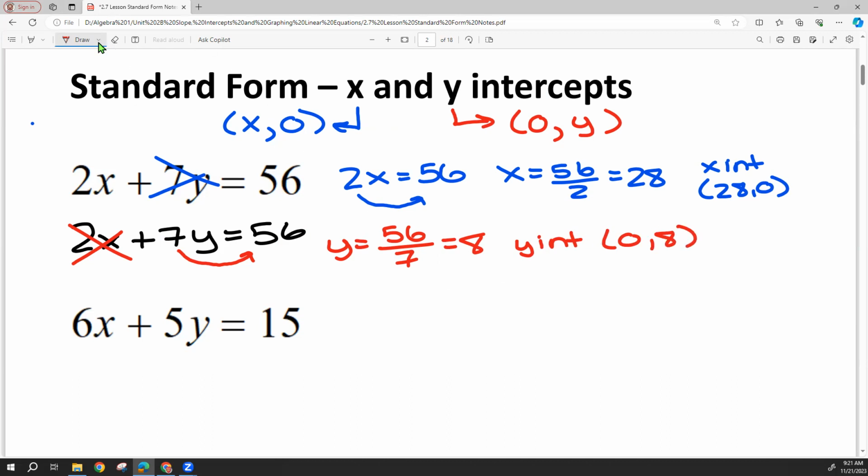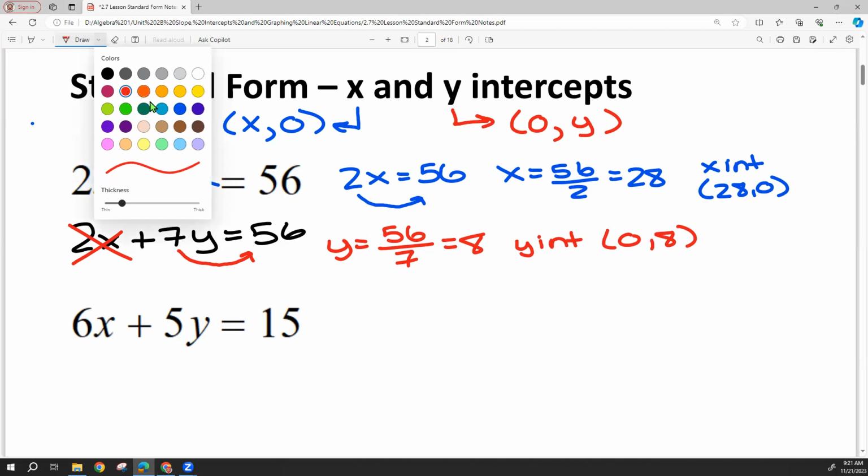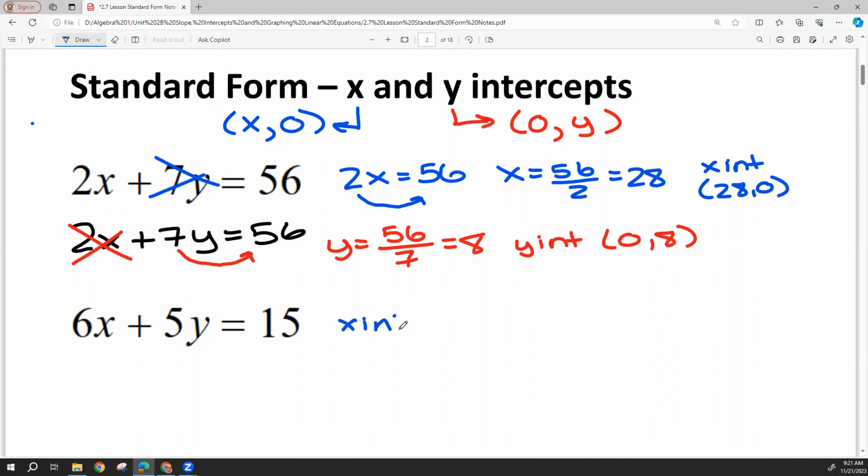So quickly solving two equations by dividing. Here, when I'm finding my x-intercept, it's going to have a y value of 0. So we are getting rid of the y term so we can solve for x. I need to end up dividing by 6. 15 divided by 6.